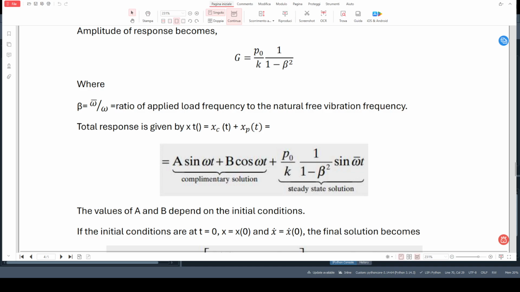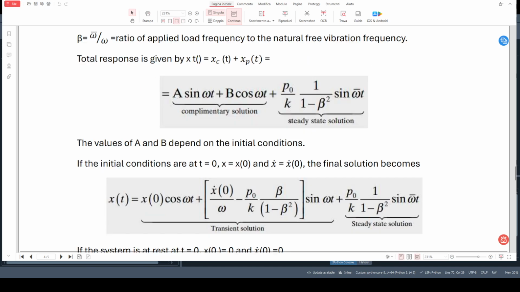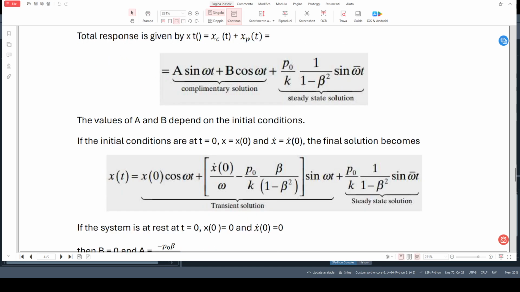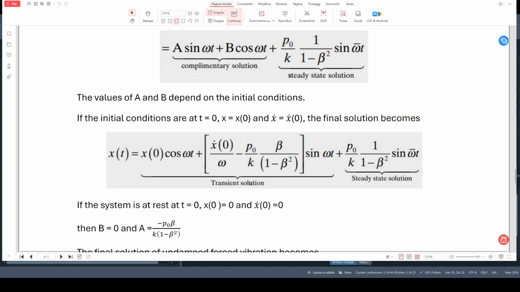So the total response is the sum of the complementary solution and the steady state solution. And we can calculate the values of A and B, which depend on the initial conditions. At time t equal to 0, we have the displacement and the velocity.